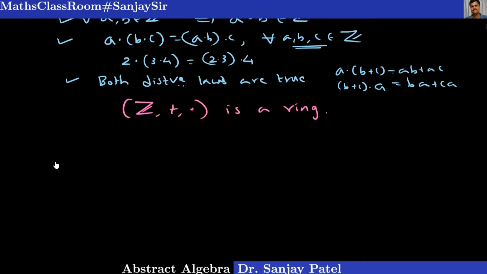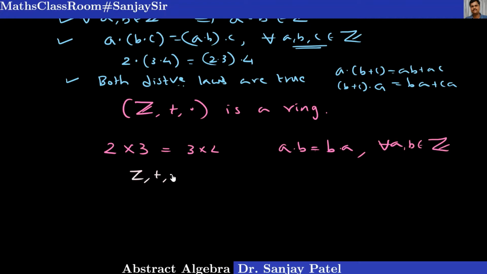Okay, and it is commutative also. By the word commutative ring we mean the multiplication operation must be commutative. We know that whether you write 2 into 3 or 3 into 2, it is same. In general, a into b is same as b into a for all a and b belonging to Z. So Z plus dot is a commutative ring.